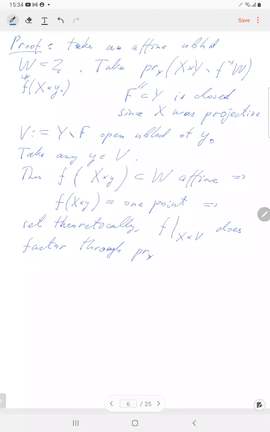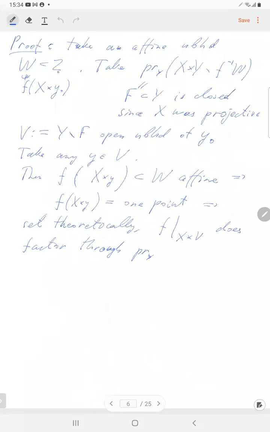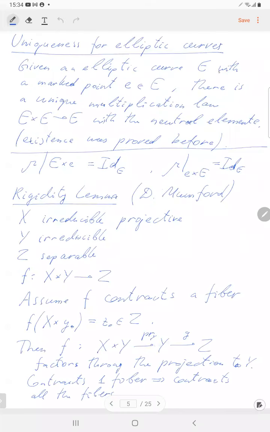Only we want to know that the remaining part, like G, is actually a morphism. Yes, there is some set theoretic map G, but I want to prove that it's an algebraic morphism. Well, we know that all the fibers are contracted, right?